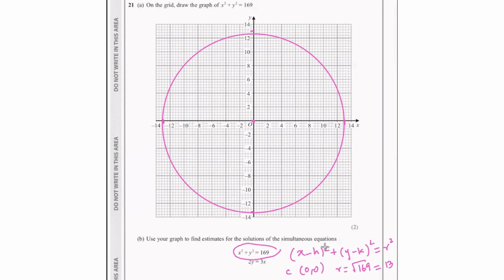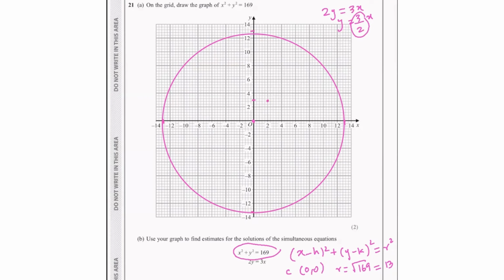And then it says, use your graph to find an estimate for this. So they've given us another equation, which is 2y equals 3x, which means y equals 3 by 2 x. If you look at 3 by 2, that's your gradient. So that's your rise over run. There's a rise of 3, so that's 3 over here, and there's a run of 2.